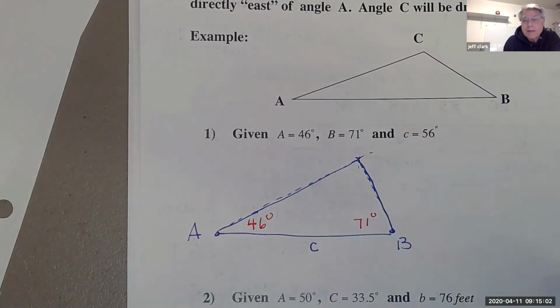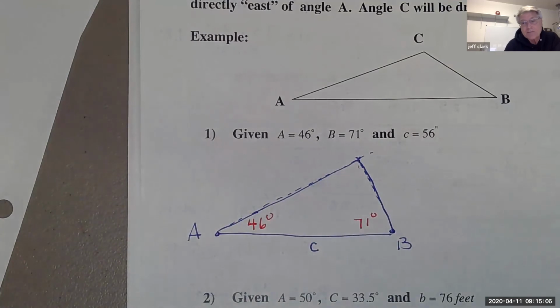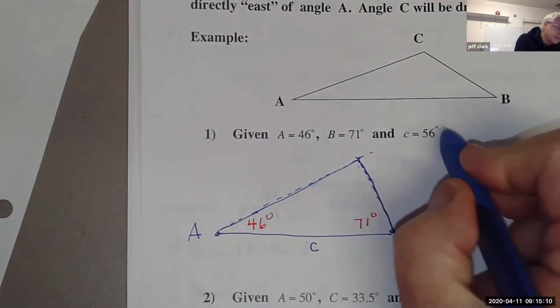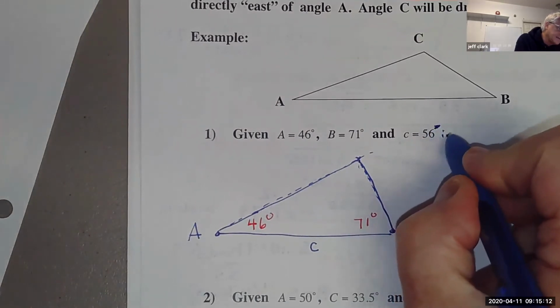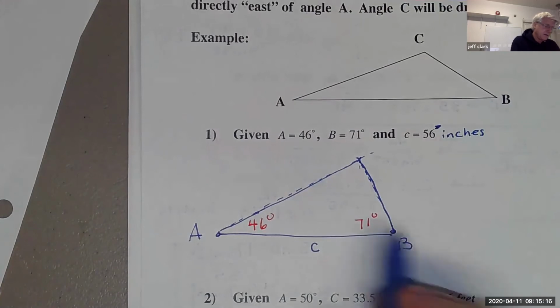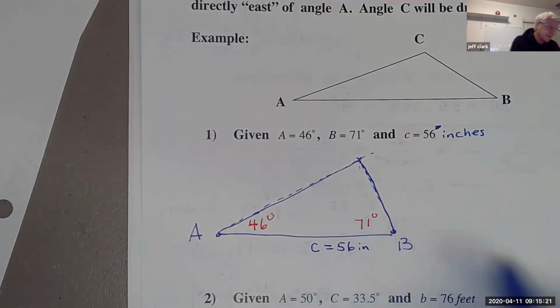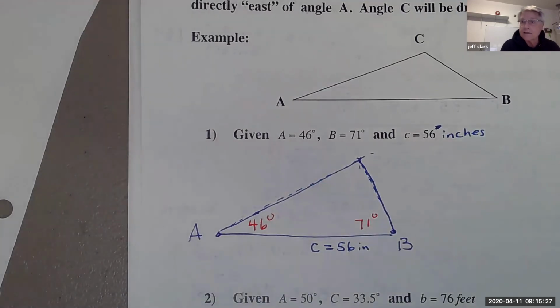In degrees, there's minutes and seconds, but no, this is inches. So if you didn't like that, write INCHES. All right, so this is equal to 56 inches. And your job is to, let's say, just find the rest of it.